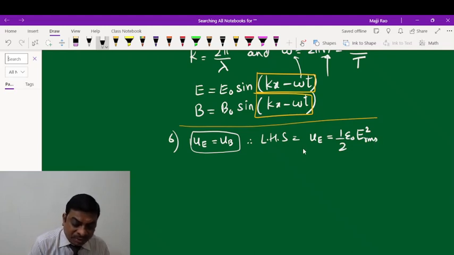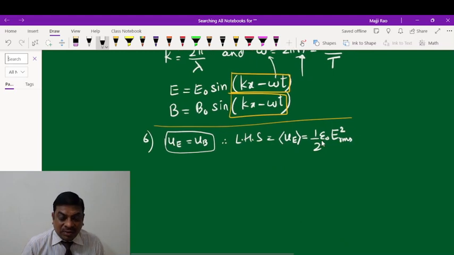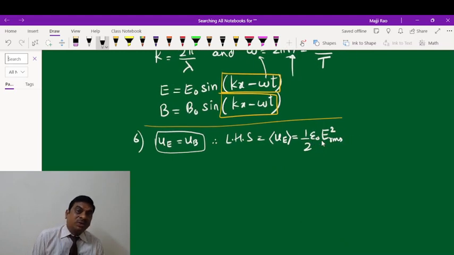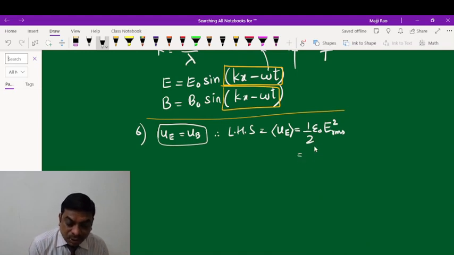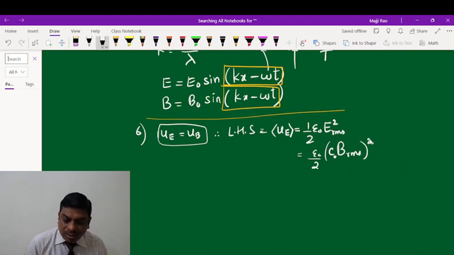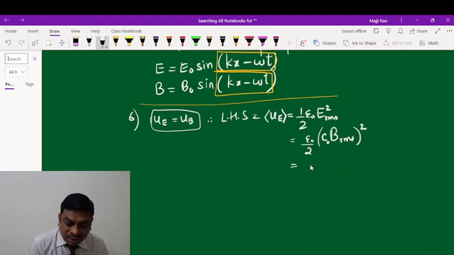Because we are basically considering the average energy density of the electric field, averaged in space over a long time. Now, since we know that E_RMS is equal to C into B_RMS, where C is the speed of light in air or vacuum, we can write like this.